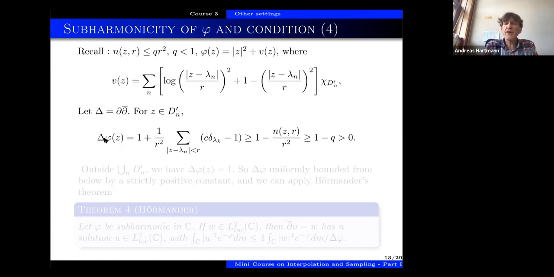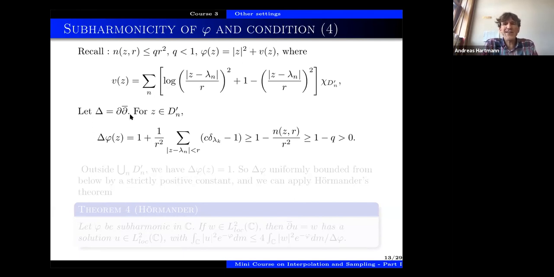So now we compute the Laplacian of phi, which for convenience I define in this way. Of course, the Laplacian should be maybe 4 times this expression, but this is just a normalization issue, which doesn't play a role here. If I compute the Laplacian of phi, the Laplacian of this is just 1. This is x squared plus y squared.